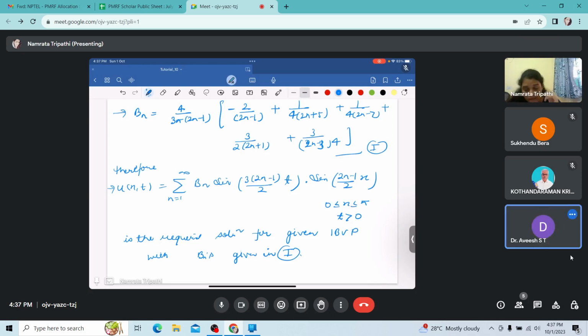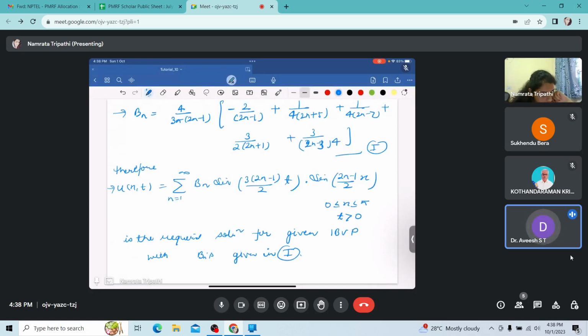Yes, ma'am. One question is there. Find the solution of the initial boundary value problem u_tt minus c squared u_xx is equal to 0, with the initial conditions u(x,0) is x(1 minus x), and u_t(x,0) is also x(1 minus x).